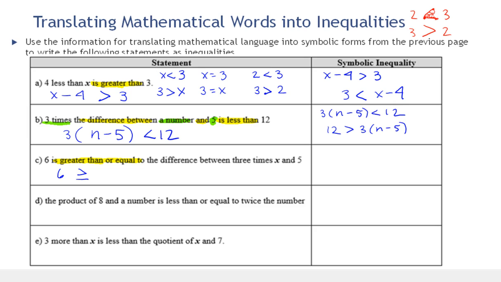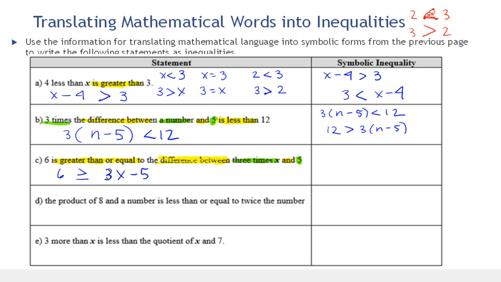Now the right-hand side, we need to look at a difference between, oops, that was a pencil, not a highlighter. The difference between, here's the end, and we're finding the difference between 3 times x and 5. So that means we'll start with 3x and subtract 5.